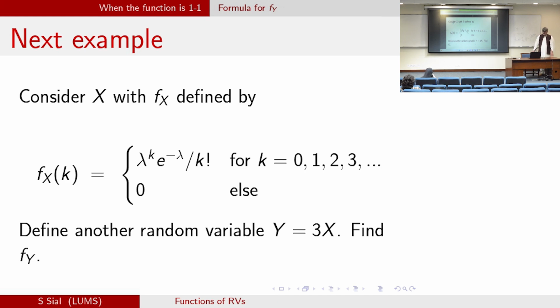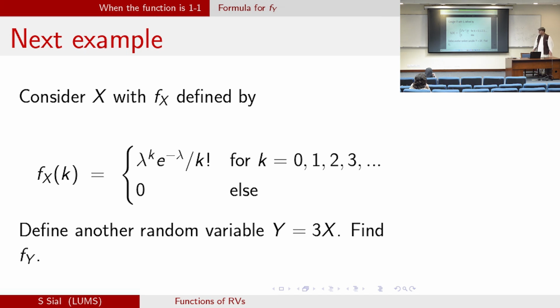Okay. So let's say I have a random variable x. It has a PMF f sub x defined in this way: f sub x is equal to lambda to the k, e to the negative lambda over k factorial, and k takes values 0, 1, 2, 3, and it takes no other values.